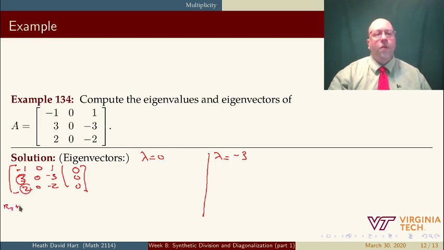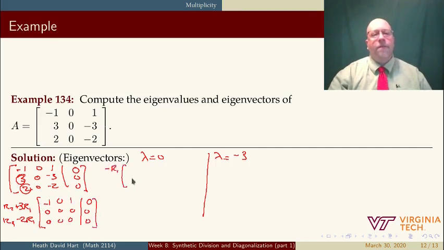Row 2 plus 3 row 1, and row 3 minus 2 row 1 gives me -1, 0, 1, 0, 0, 0, 0, 0, 0, 0, 0, 0, and then change the sign in the top row, negative row 1. We only have one leading entry. There's a leading entry in column 1, and then we have 2 free columns.